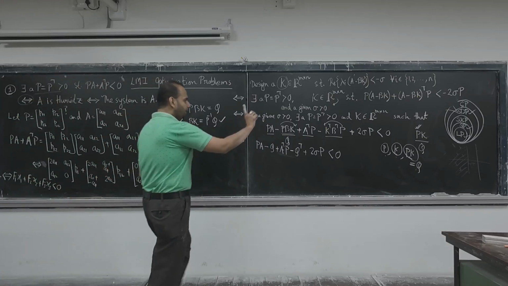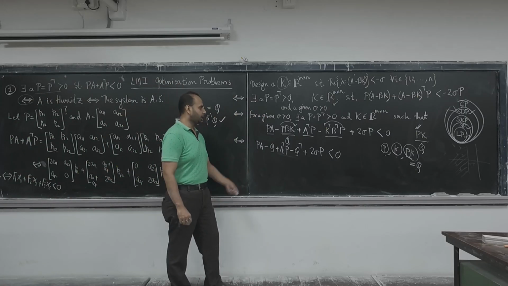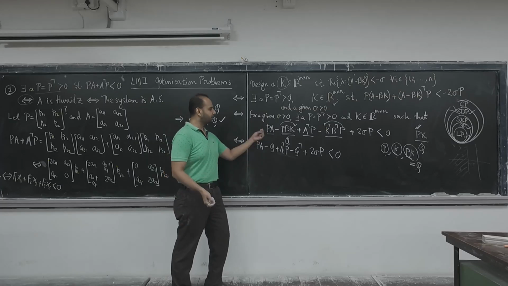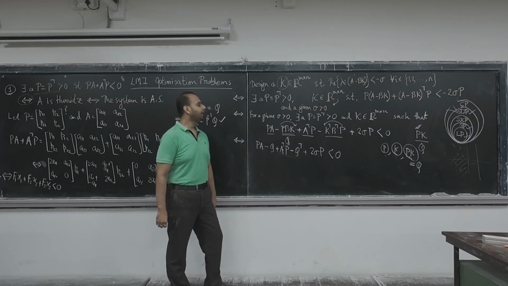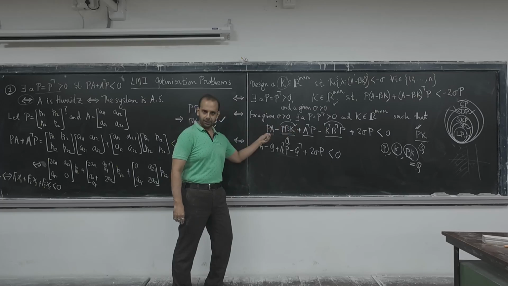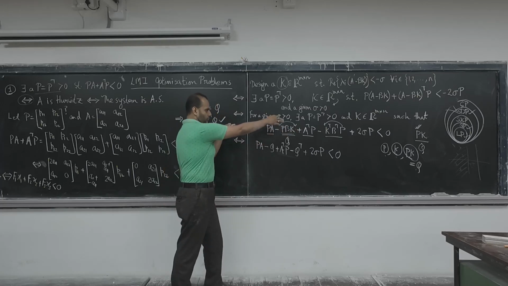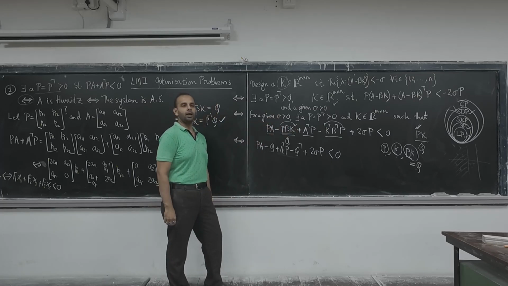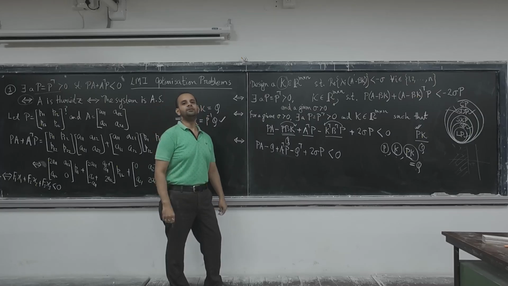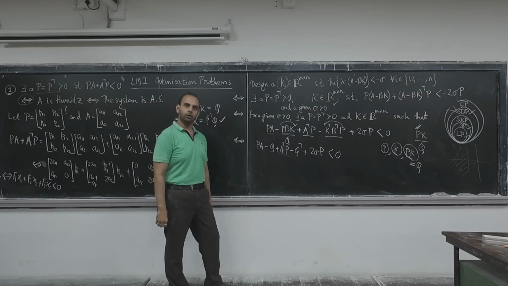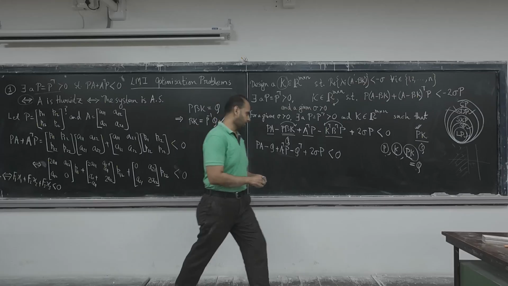For that, the method we have, which may not be the only one but is still the most convenient, is that you pre- and post-multiply the whole expression by P inverse and P inverse transpose. That is called a congruence transformation. I will write it, don't worry.